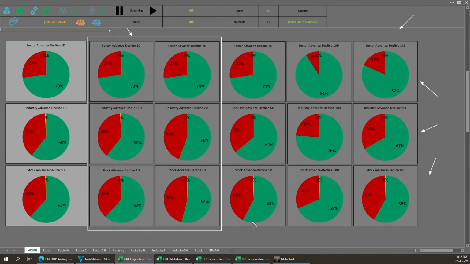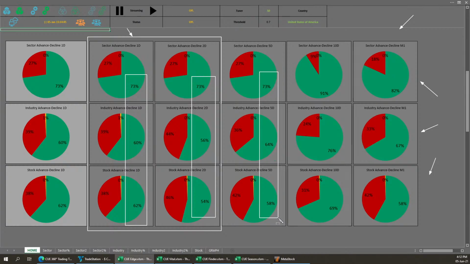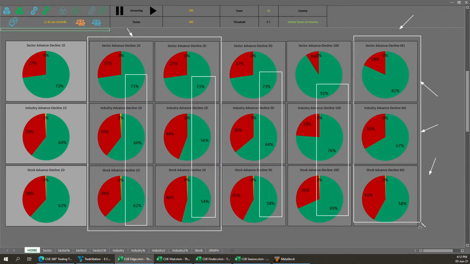Not overwhelmingly bullish, but still bullish. Green portions are bigger than red portions. That is true for 5-day period, 10-day period, and 1 month had been bullish for a long time. Overall, this picture we have to say is bullish.